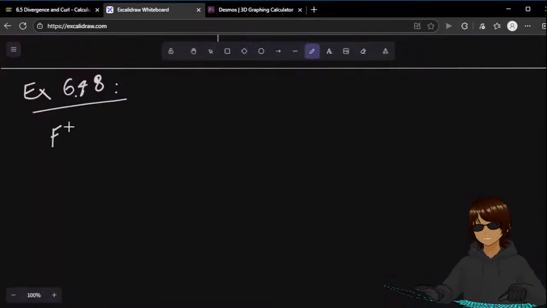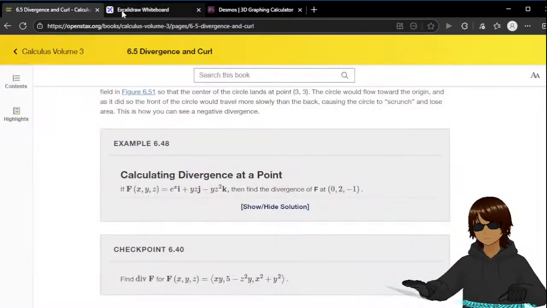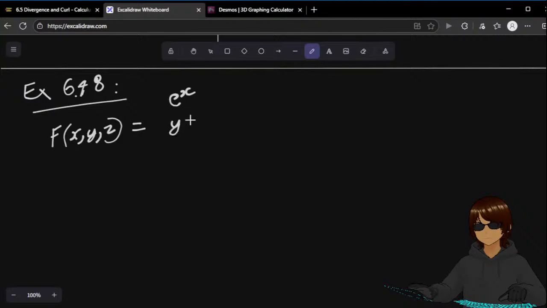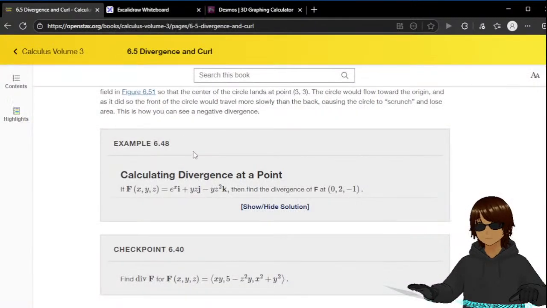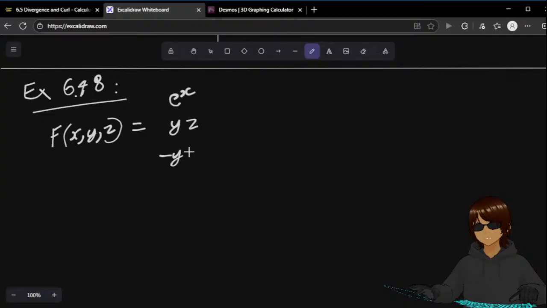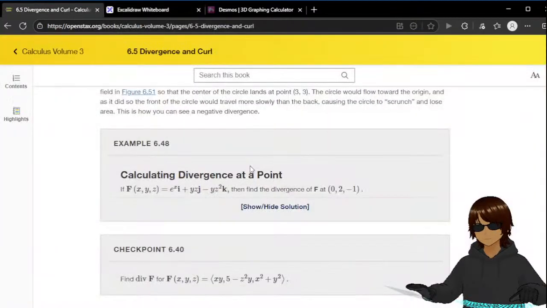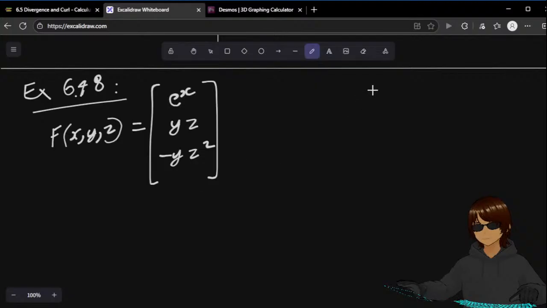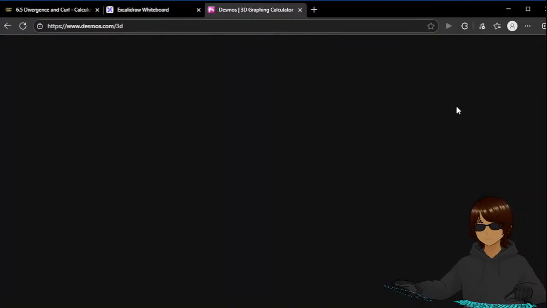F of x, y, z is e to the power of x y z, y z squared minus y z squared. So F is e to the power of xyz, yz squared, minus yz squared, and P is at (0, 2, negative 1).